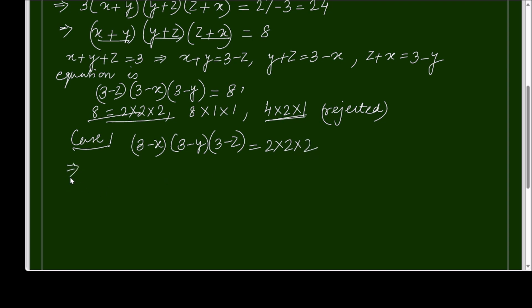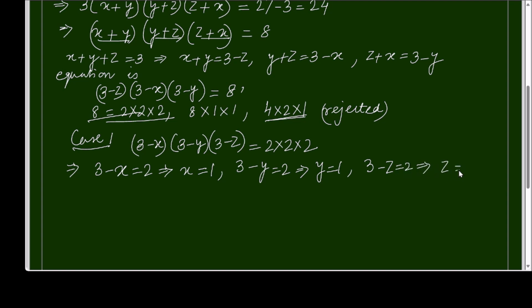So this gives us 3 minus x is equal to 2, or x is equal to 1. 3 minus y equals 2 gives us y is equal to 1. 3 minus z equals 2 gives us z is equal to 1. So one solution we got already, which anybody can guess since the beginning, that is 1, 1, 1.